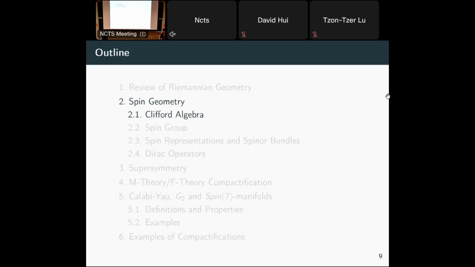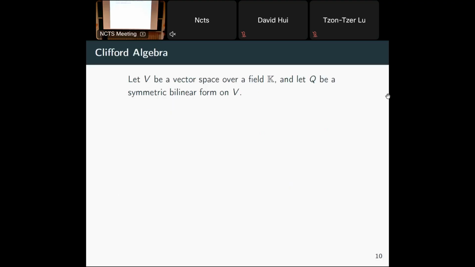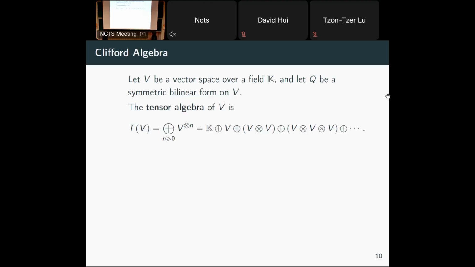First, I need to talk about Clifford algebras. You start with a vector space over a field and consider a symmetric bilinear form. You can just think about R^n equipped with an inner product. Then the tensor algebra is precisely the field, direct sum with your vector space, direct sum with the vector space tensor the vector space, and so on. That's your tensor algebra. Now we consider the two-sided ideal generated by this.